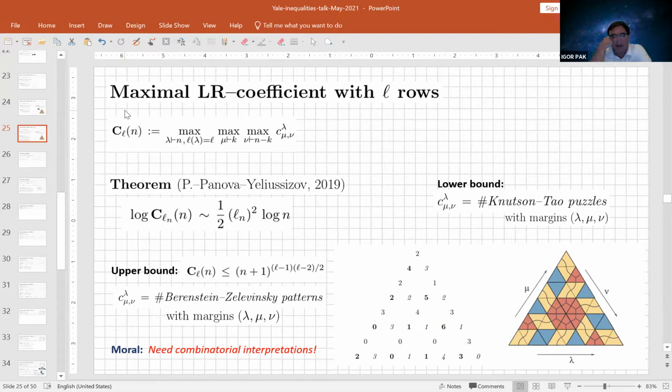We needed a lower bound: we needed to show that there are lots and lots of puzzles with given boundary constraints. We didn't care about specific constants, but the only way to do it constructively is by using Knutson-Tao puzzles, where there's some degree of freedom in how you can change things around.